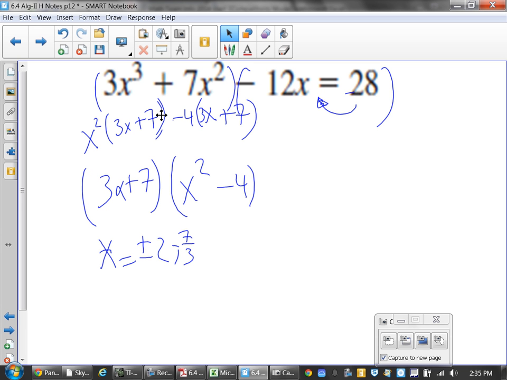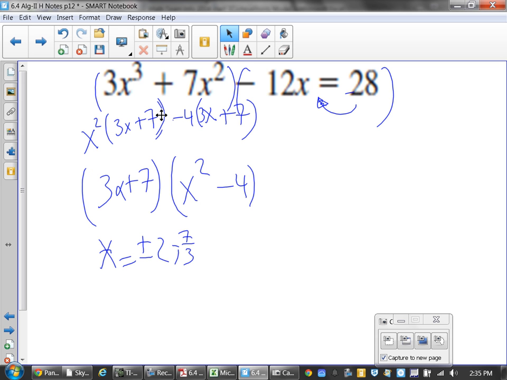Yeah, because you have to take the negative out, the negative divided by negative this.